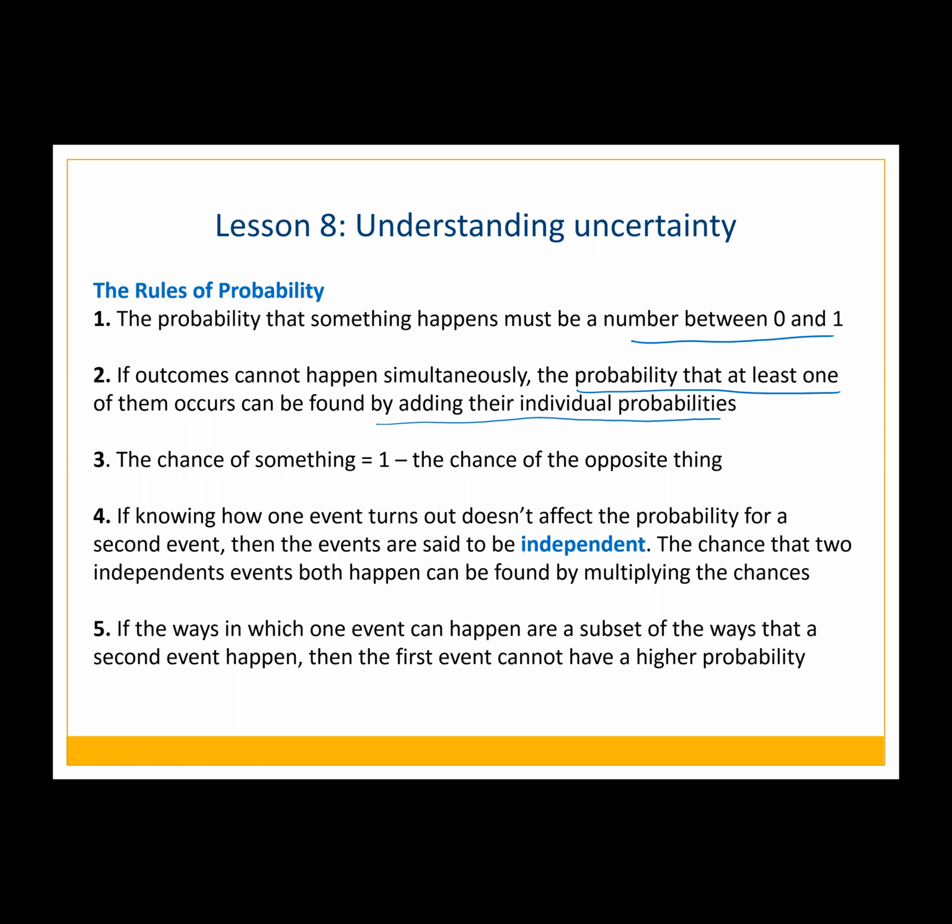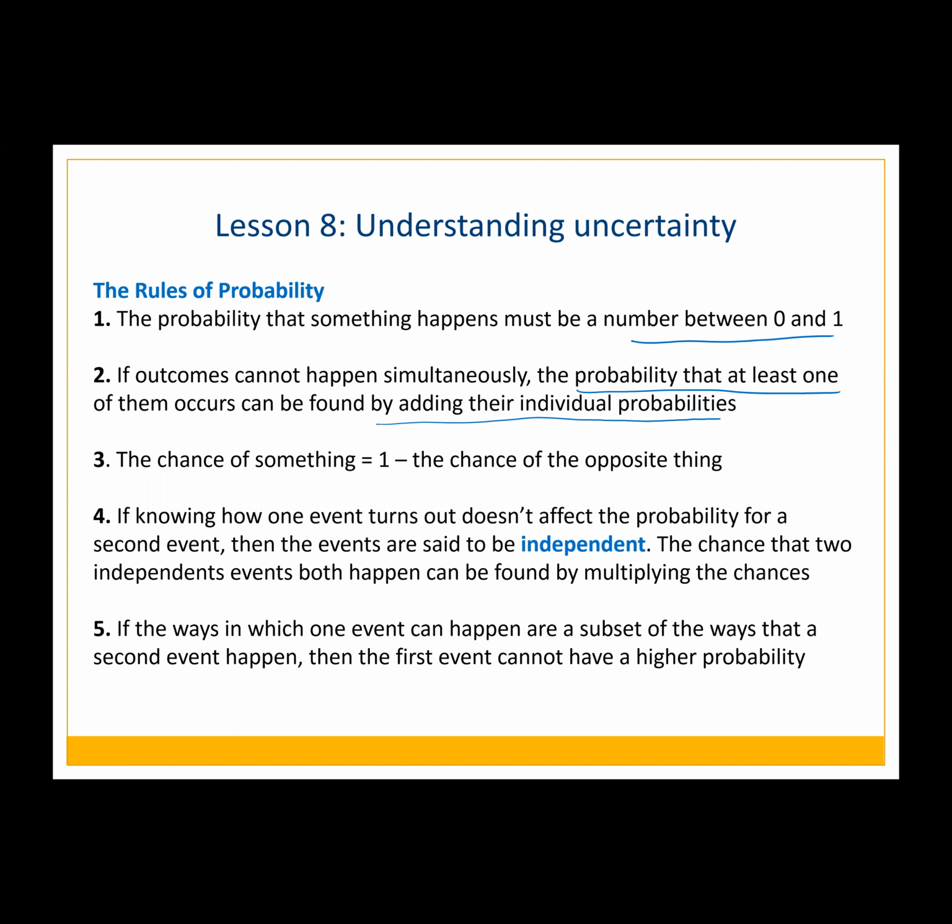The third rule is that the chance of something is equal to 1 minus the chance of the opposite thing. So if you have one possible outcome and another outcome that is different from it, to find the probability of the second one, you take 1 minus the probability of the first one.